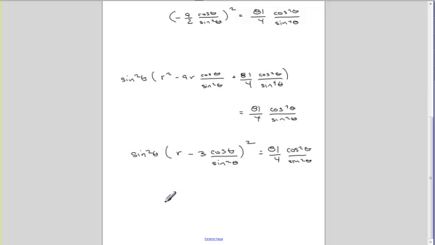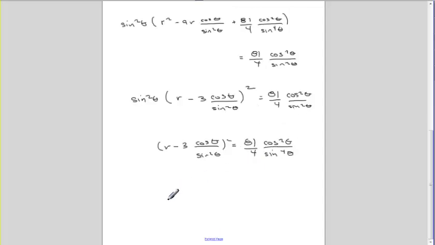So we divide both sides by sine squared of theta. We get r minus 3 cosine of theta over sine squared of theta, squared, is equal to 81/4 cosine squared of theta over sine to the 4th of theta.